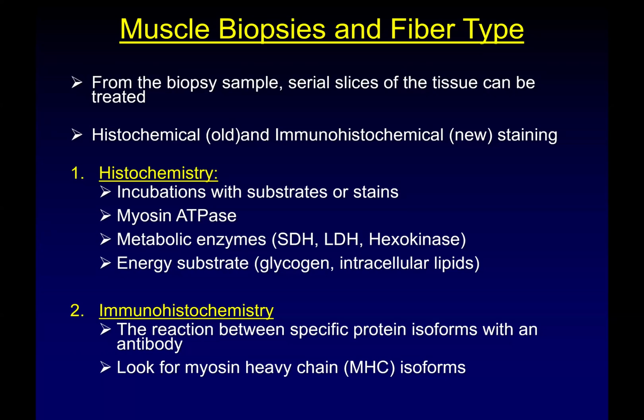Okay? The more modern way of doing this involves something called immunohistochemistry. I will use a common thing to illustrate immunohistochemistry. Okay. How many of you guys have taken an at-home COVID test? Right? My guess is almost all of you. If you've taken an at-home COVID test, that functions with immunohistochemistry.